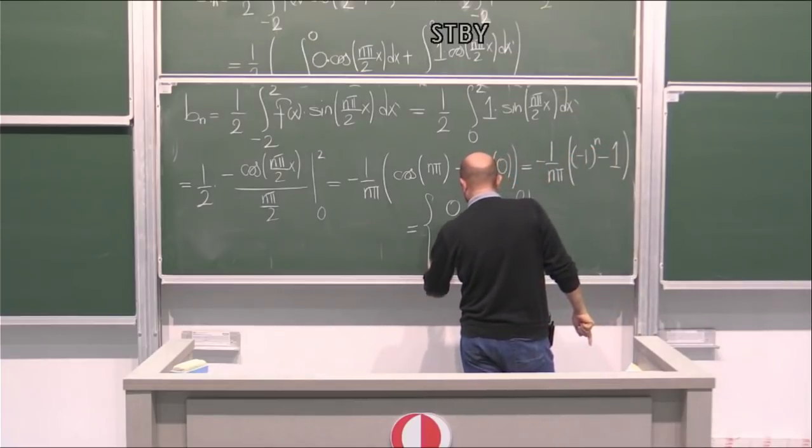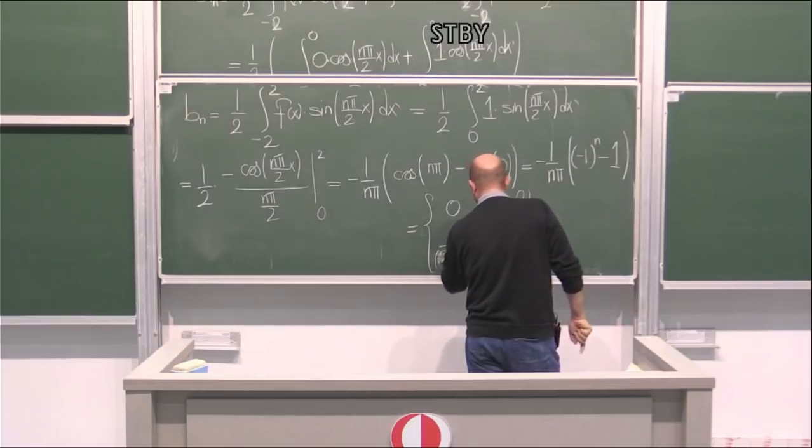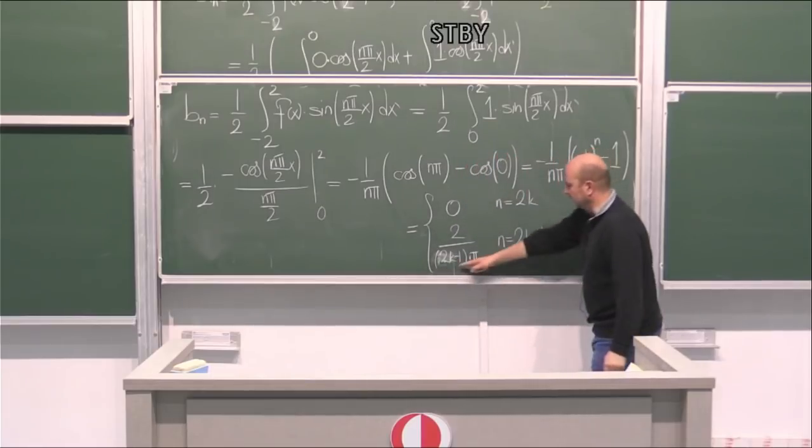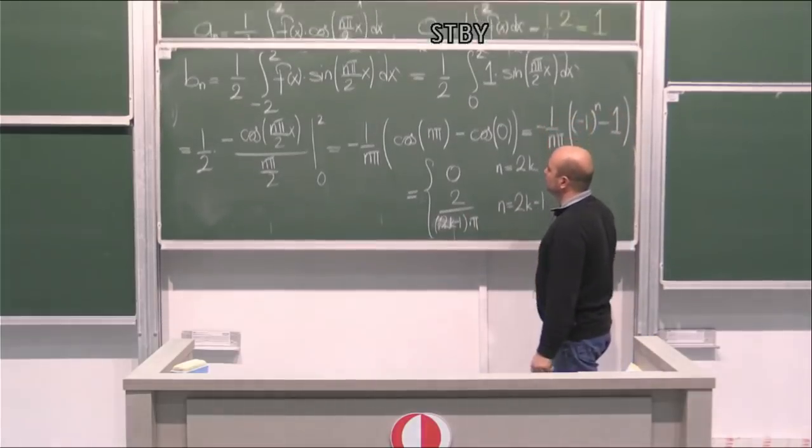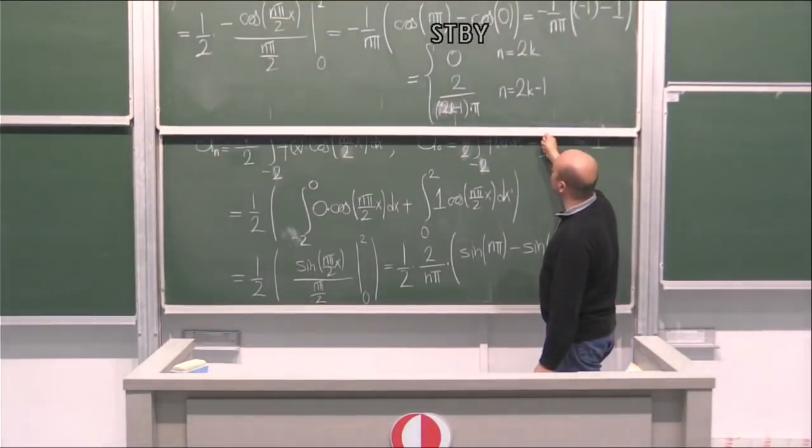So let me just write this: 2k minus 1 times pi. It's exactly n pi.